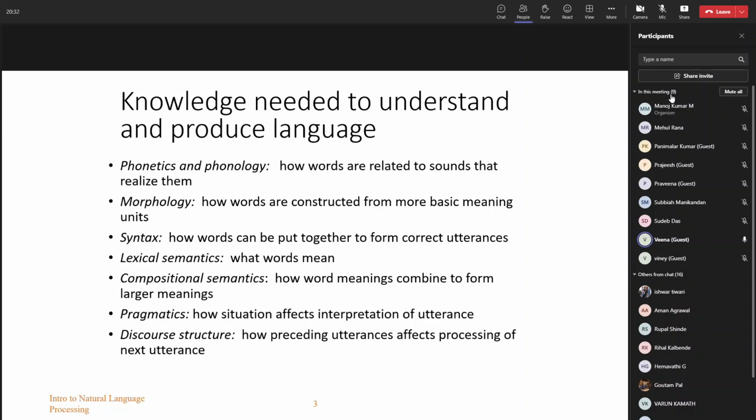Pragmatics is how situation affects the interpretation. If someone says, "Can you pass the salt?" or "Can you pass the book?" a third person looking at that sentence won't understand which book they are talking about or what the context is.